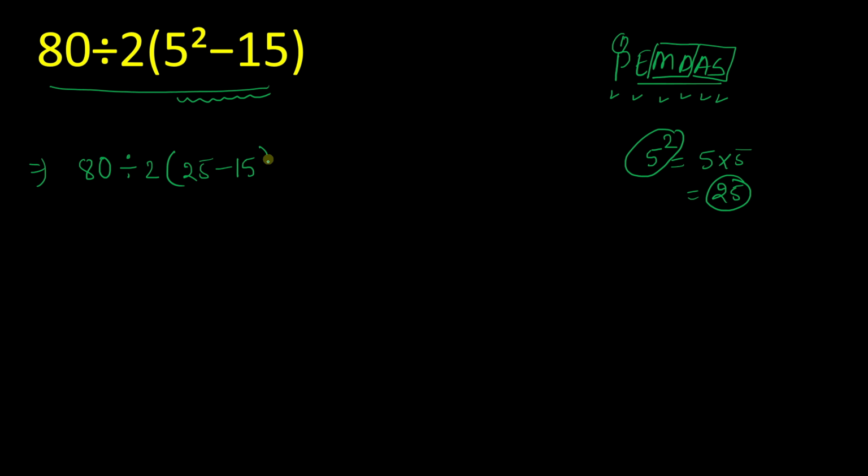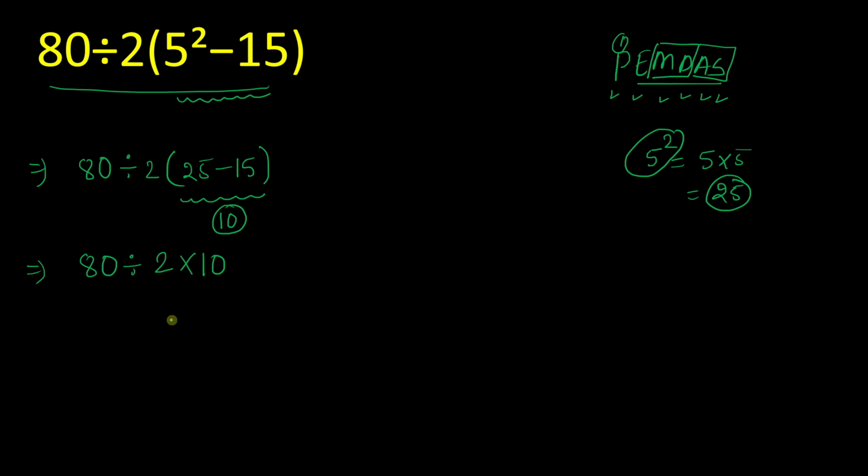Now we will do the parentheses operation: when we operate 25 minus 15 we get the answer 10. So we can write 80 ÷ 2 × 10.